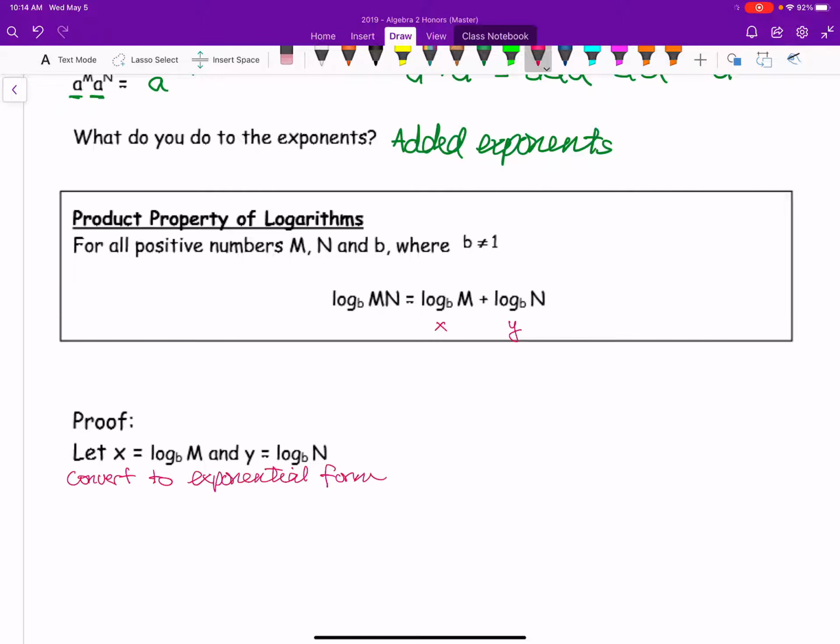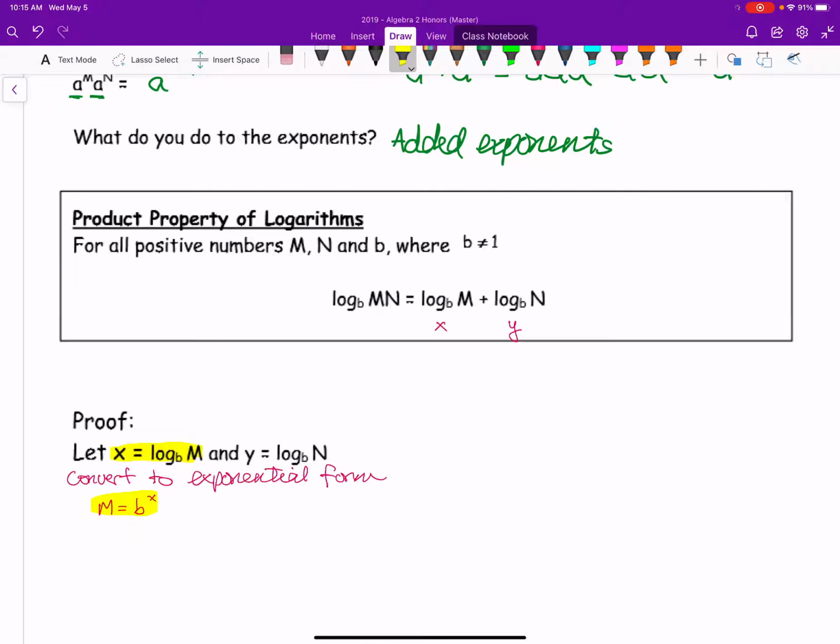So that's what I'm going to do. I'm going to rewrite each of these in exponential form. For the first one, the base is b, and the exponent is x, which is equal to m. Those two things, highlighted in yellow, are equivalent.